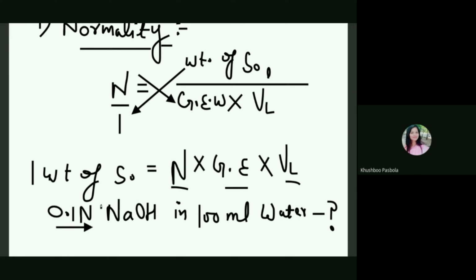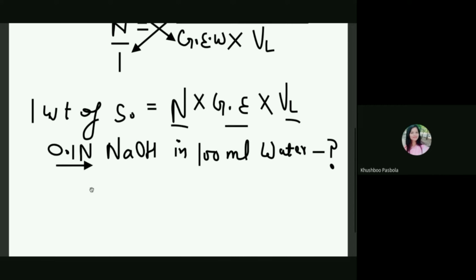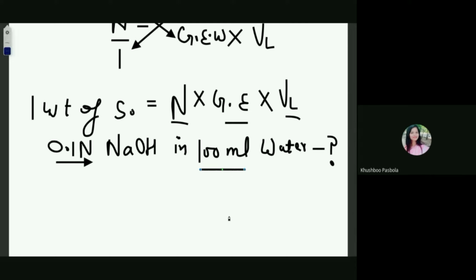This is not a weight of solute. This is not the volume of solvent, but it is a concentration. Now you can see this is the volume. The total volume of solution should be 100 ml, so the amount of water you can use is 100 ml. This 0.1 normal is the concentration.